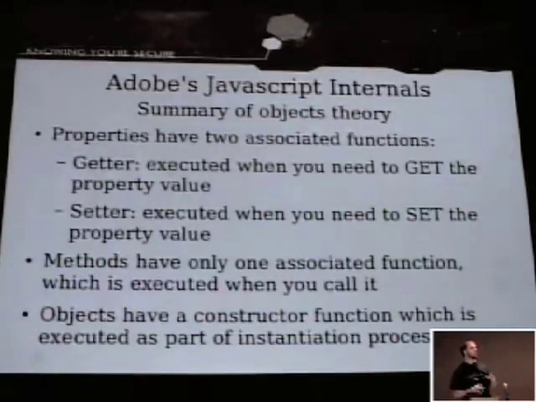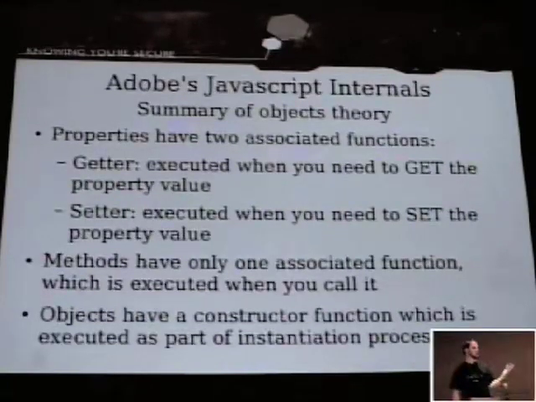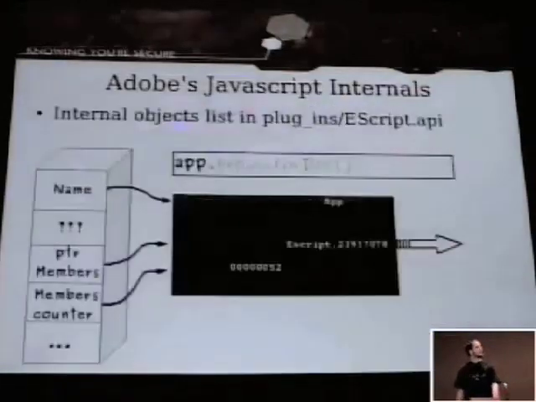A property has 2 associated functions: a getter that you use to get the property value, and the setter, which is used when you want to change some property value. Methods have one associated function, which is what you execute when you call the method. An object has a constructor function, which is executed as part of the instantiation process.